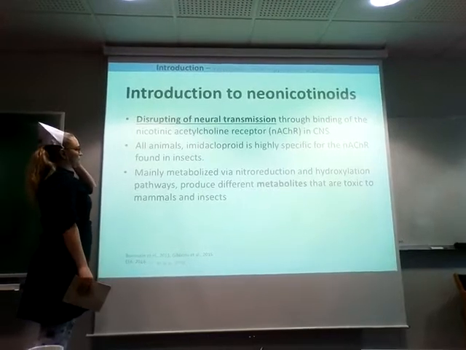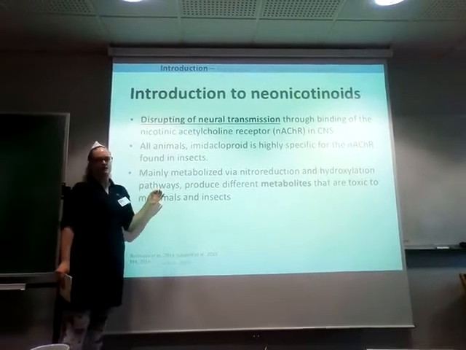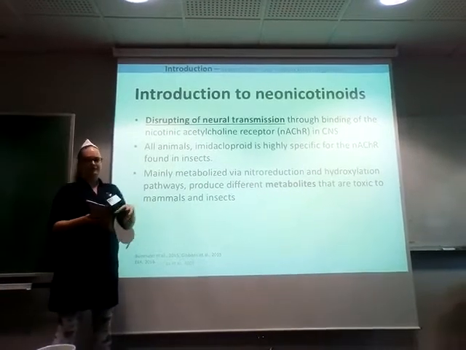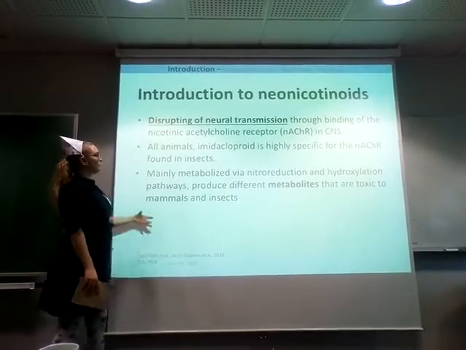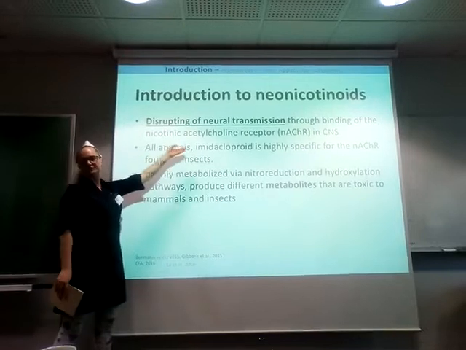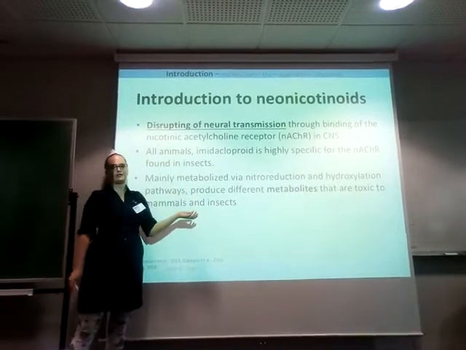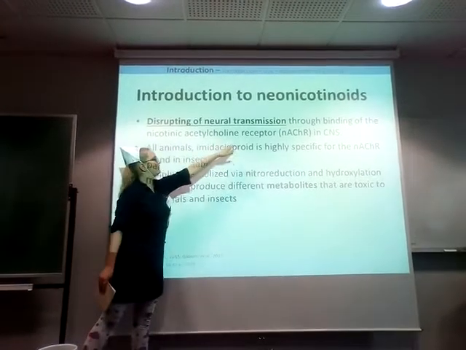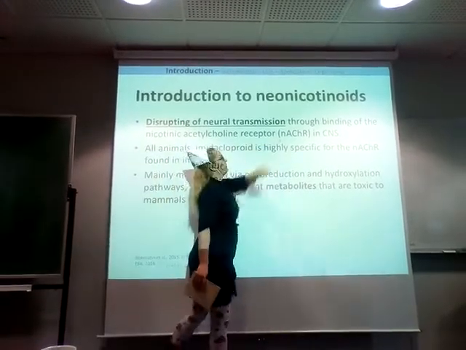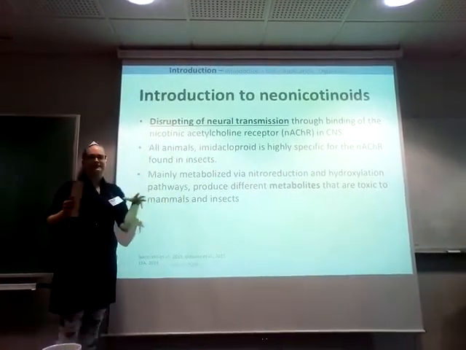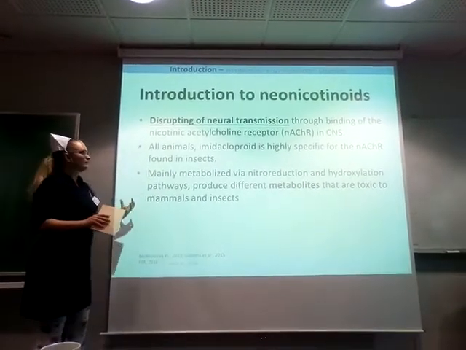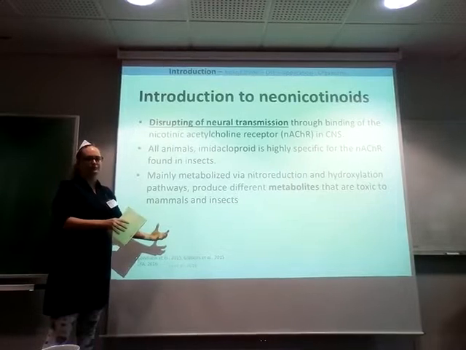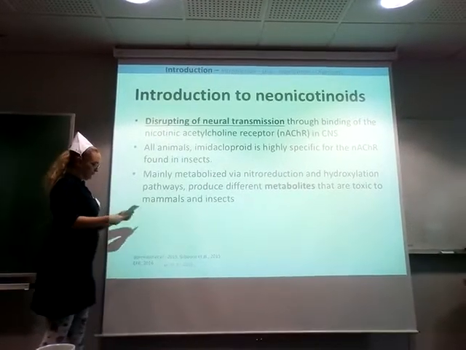So the neonicotinoids work in the way that they are designed to attack insects, because they disrupt the neural transmission in the central nervous system, and all animals have this receptor that they work on. It is different in every animal group, and this is the reason why they could engineer it to be most harmful to insects, for example.